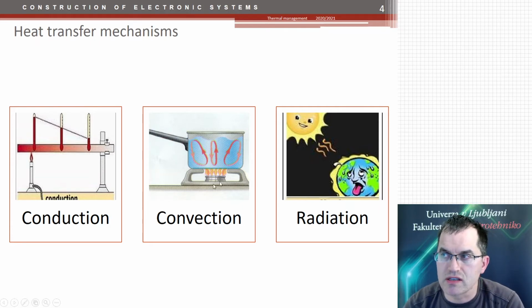The convection is the movement of gases or liquids because of the different densities at different temperatures, and the radiation, according to the Stefan law, is electromagnetic energy.